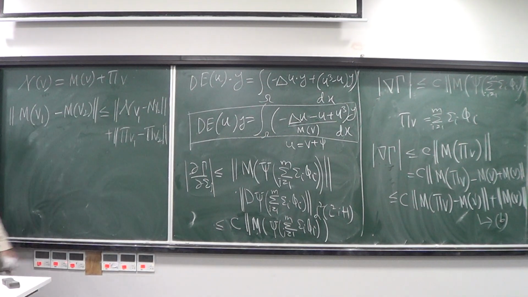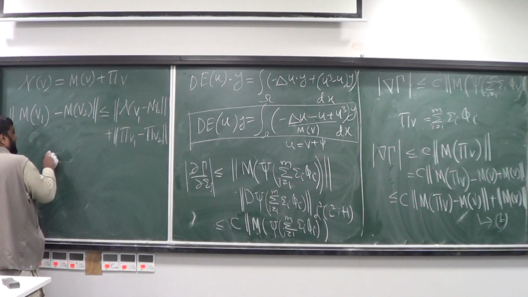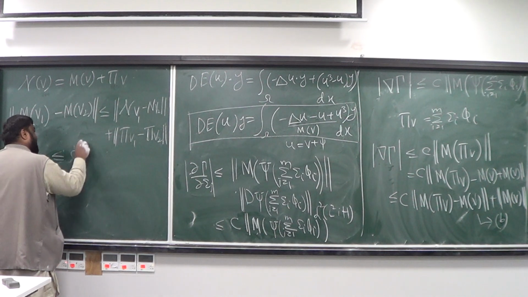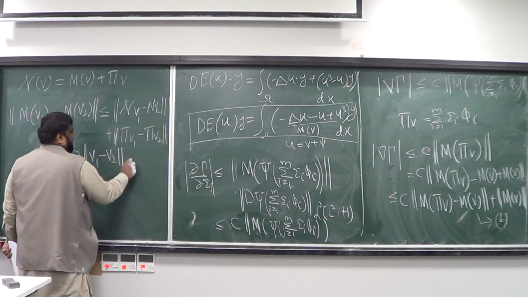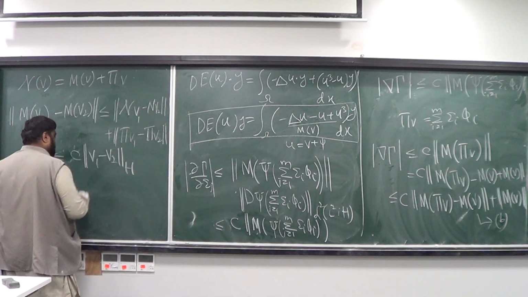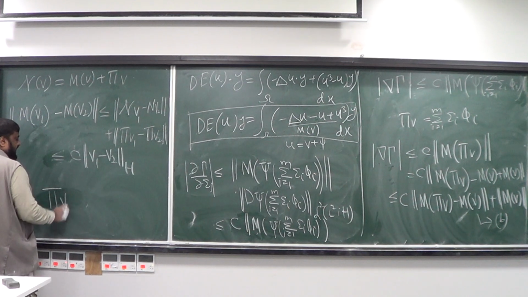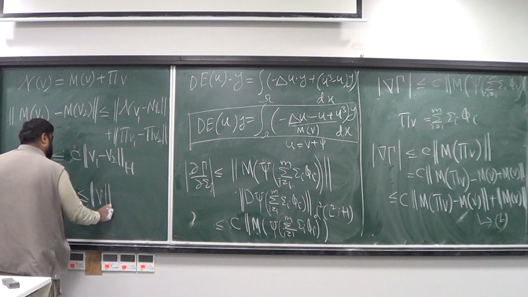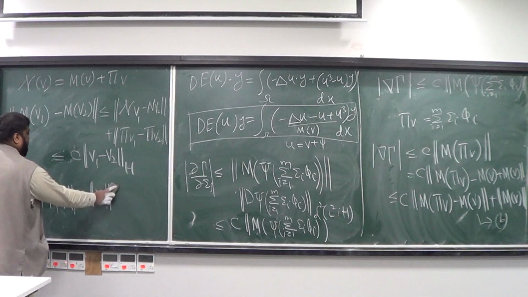For N, I already know that it is Lipschitz, so I can estimate this by some constant times the norm of V1 minus V2, in the H norm, plus we know about orthogonal projections that they satisfy this condition in general: the magnitude of the projection of any vector V is always less than or equal to the magnitude of the same vector.